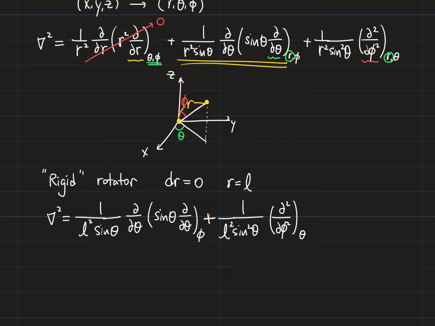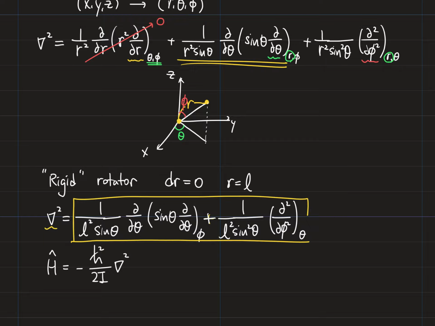So this is the Laplacian operator in the spherical coordinate form with the assumption of a rigid rotator. That means the Hamiltonian operator is simply h bar squared over 2I multiplied by the Laplacian operator, and the Laplacian operator is given like this. So you now have the Hamiltonian operator in the spherical coordinate form.